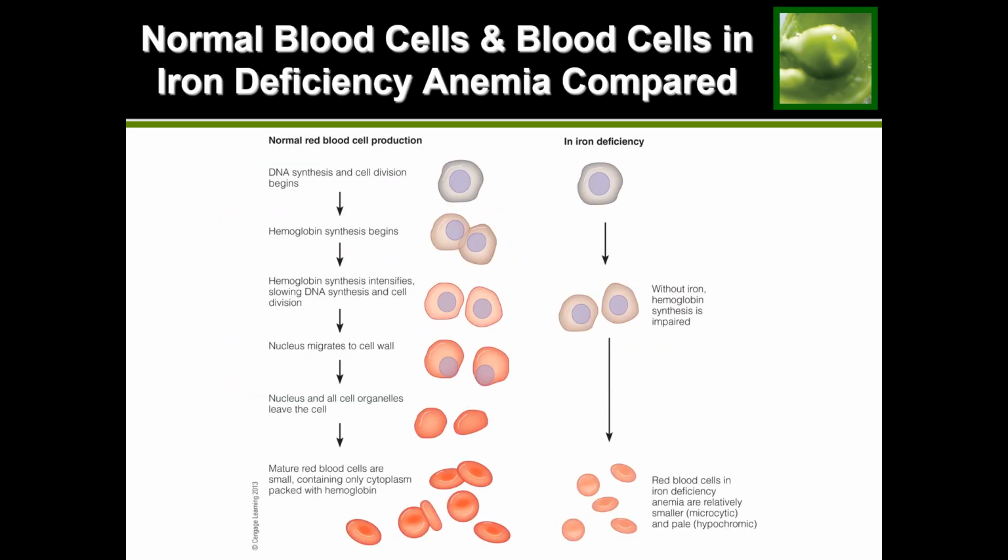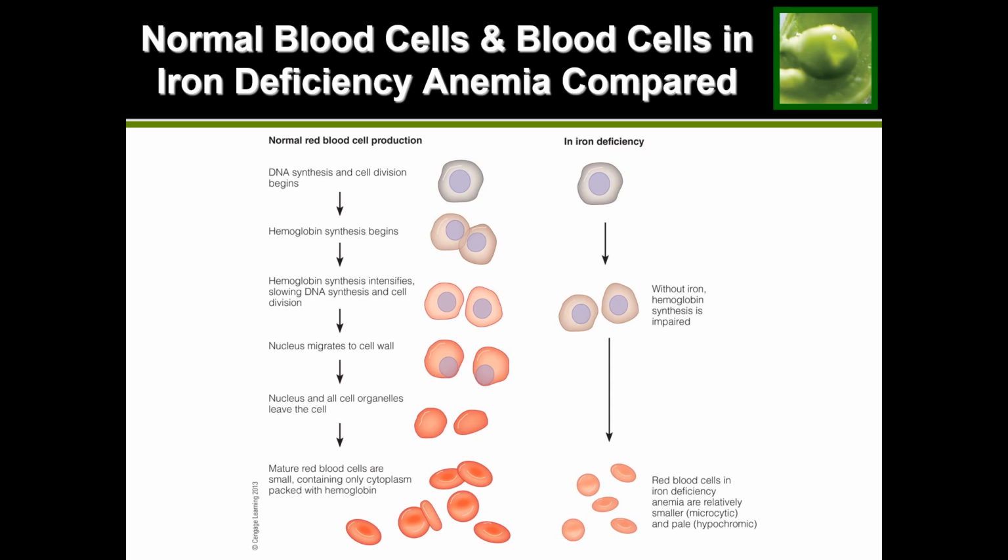So this over here shows us the anemia that we can get from iron deficiency. This is similar to what we saw before when we looked at folate deficiency and B12 deficiency anemia, but this anemia is a little different. We already know how a regular red blood cell develops correctly in a healthy state. That's what we see on the left side.